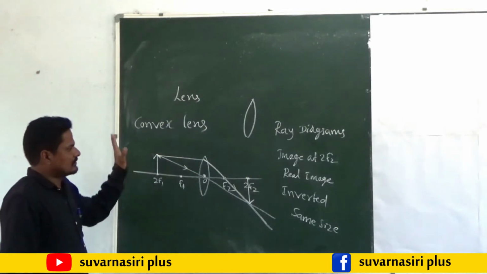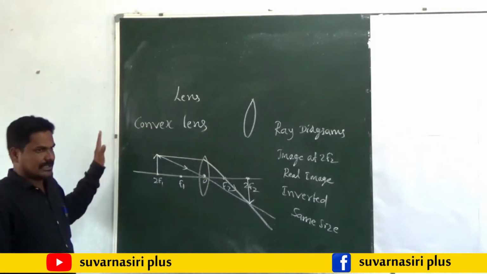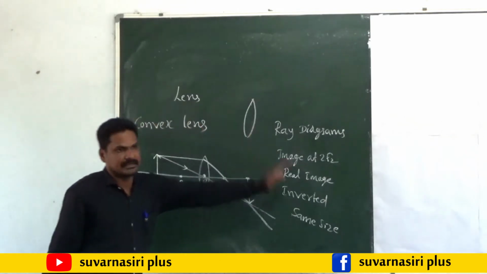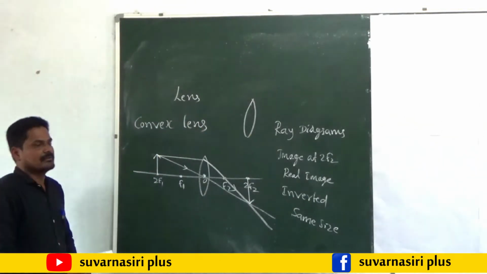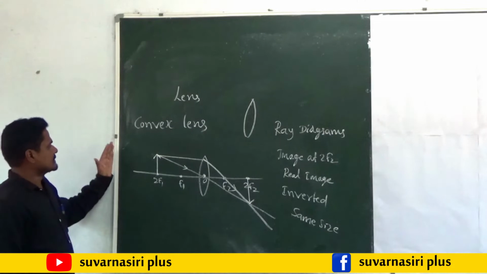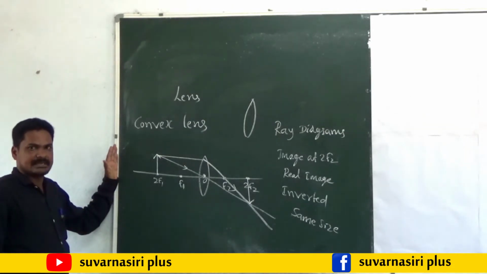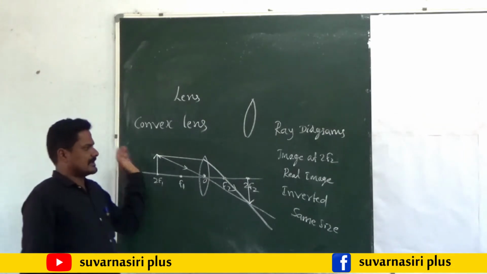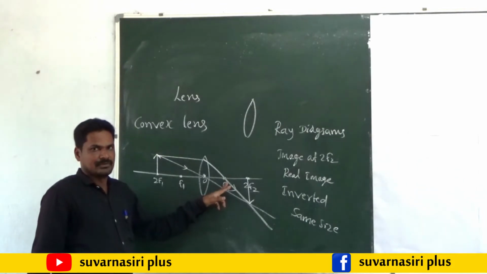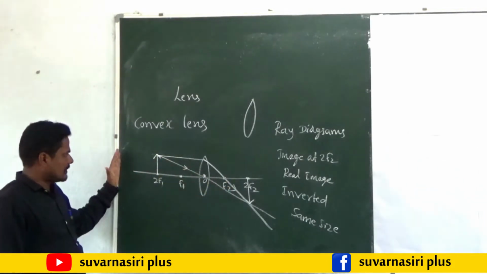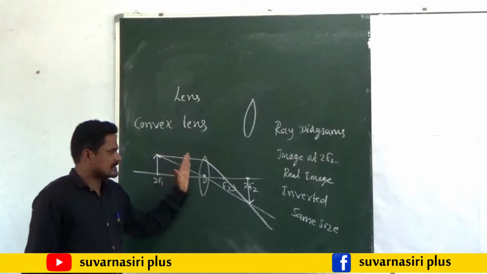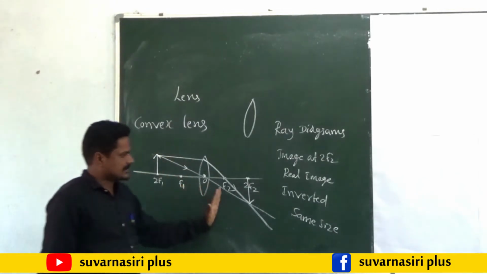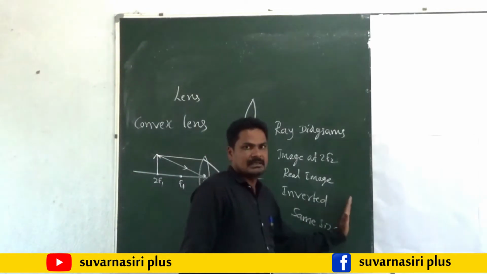I told you already where we have to keep the object and where we get the images. Once again I am repeating: when the object is placed at infinity, the image forms at F2. As the object comes towards the lens, the image moves away from the lens.